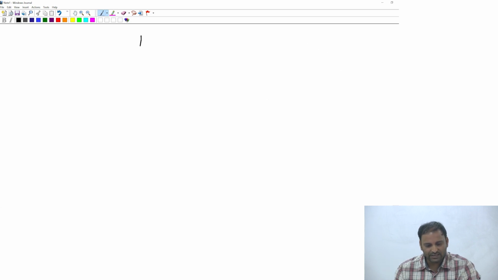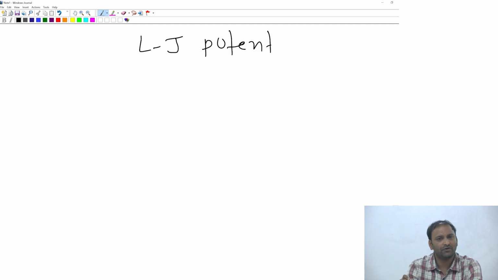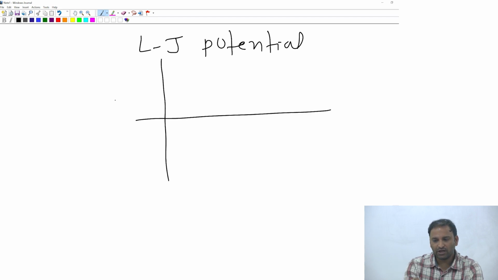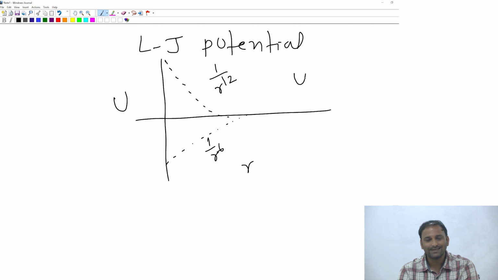One very famous example of intermolecular forces is the LJ potential. I don't know how many of you have heard of it. Lennard-Jones potential, right? Typically, if you have the total potential plotted as a function of distance r, there's going to be a repulsive force that goes as 1 over r to the power 12, and an attractive force that goes as 1 over r to the power 6.